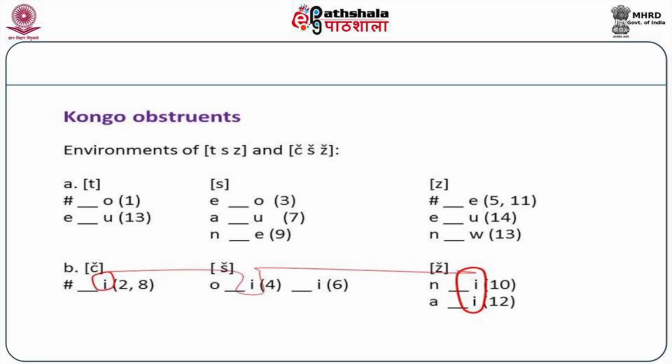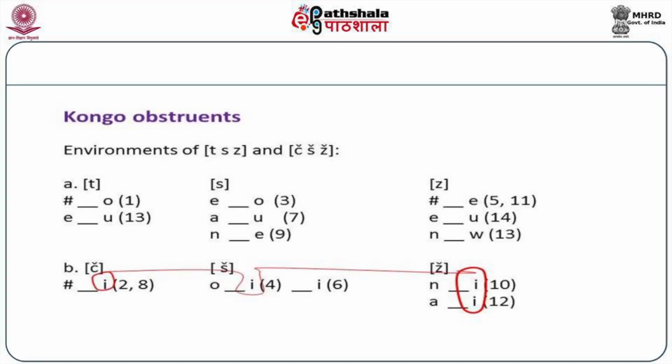Thus, the alveolar or dental plosives t, s, z. For t we have two environments, for s we have noted three environments, and for z again three environments. The number of the words in which the environments are found is also specified against the environment.